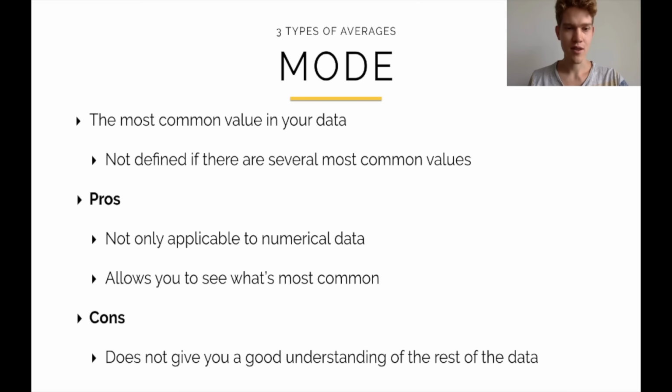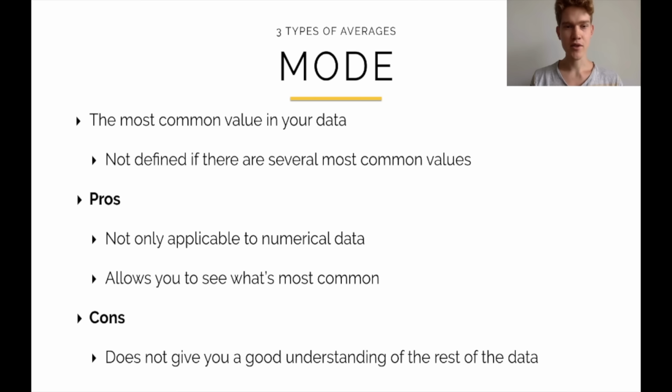The pros of using the mode is that it's not only applicable to numerical data. So if you look at categories, for example, then you can say, hey, we've got 5 people from the US, and 2 from Canada and 1 from France. And you know that the mode is going to be the US because there are 5 people from the US. So mode is the great average that's not only applicable to numerical data in this sense, but you can technically also apply it to categories or to ordinal numbers if you wanted.